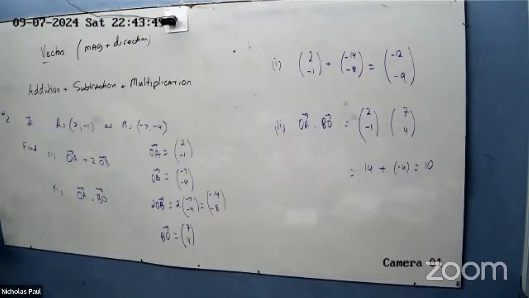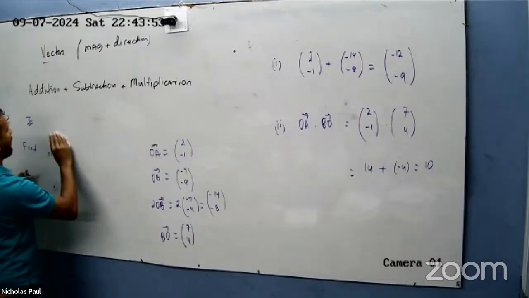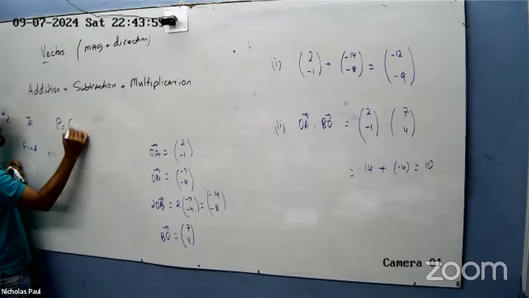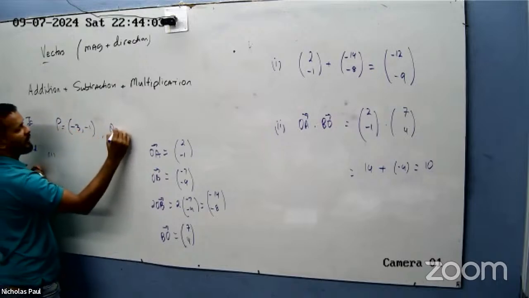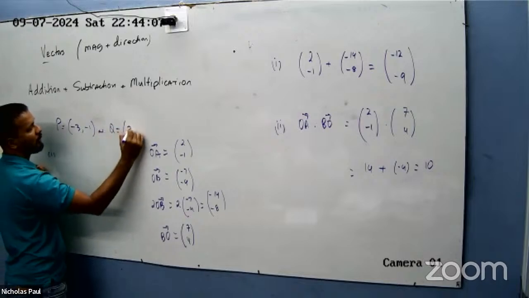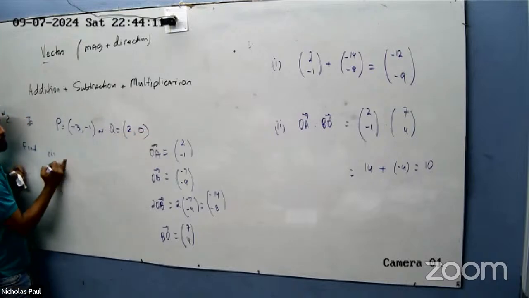Ready again? Let's try the next one. This time I'll give you P and I'll give you Q. Q is 2, 0.